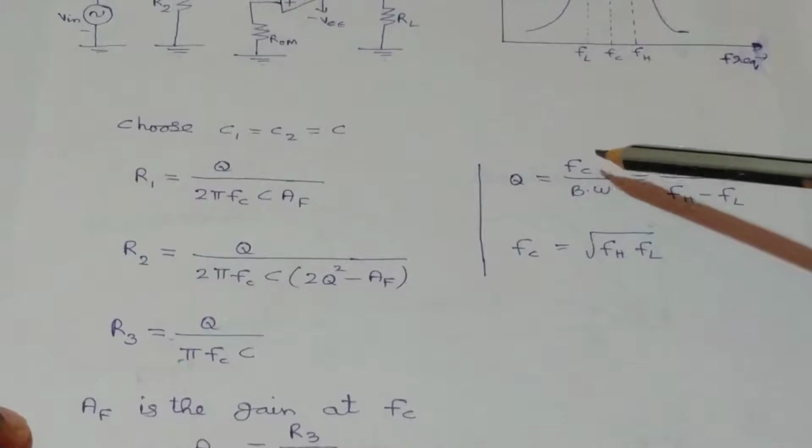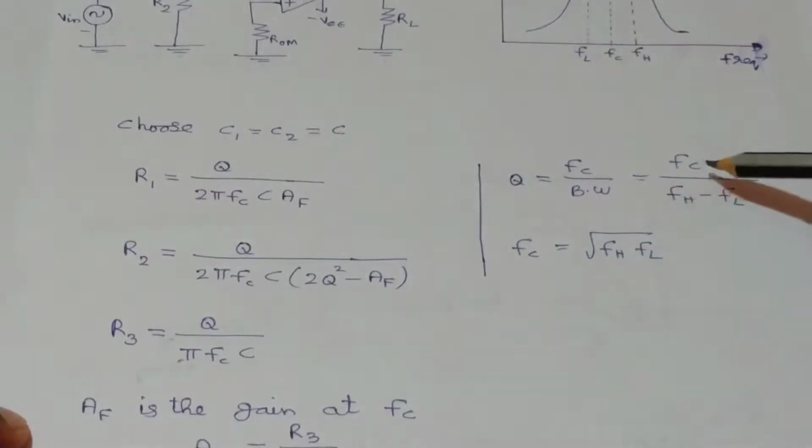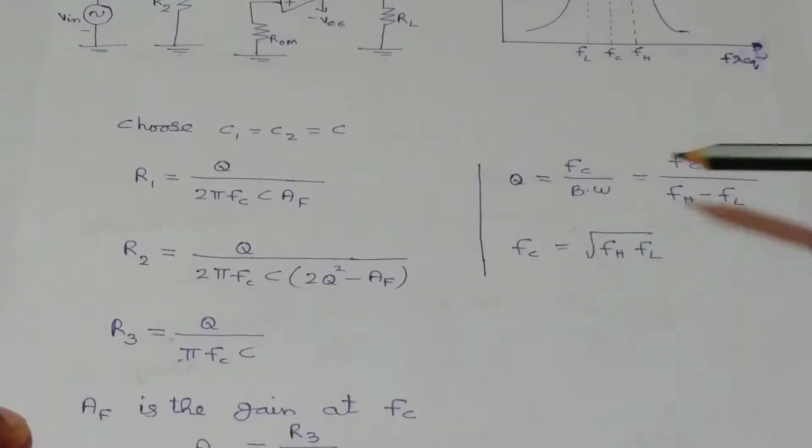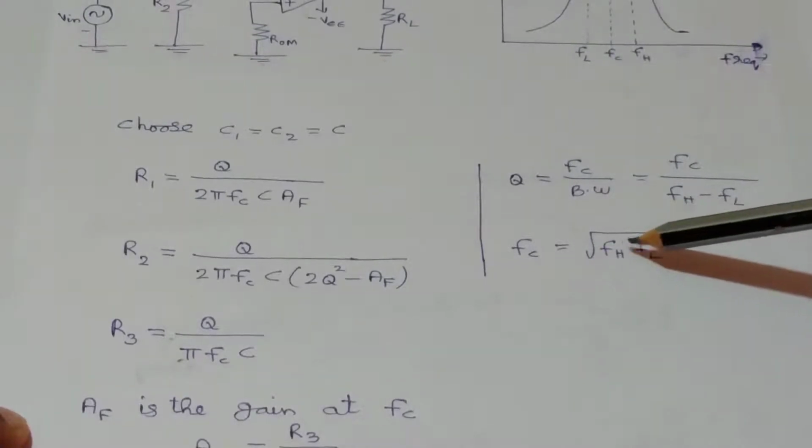We have already studied that Q is given by Fc divided by bandwidth, or Fc divided by Fh minus Fl, and Fc is the center frequency, given by root of Fh Fl.